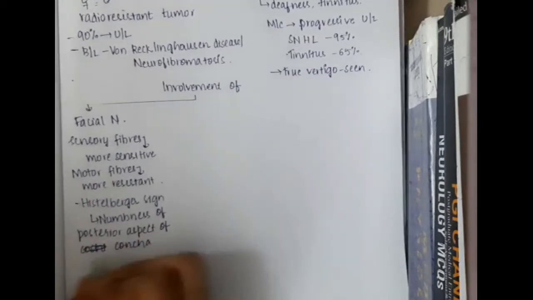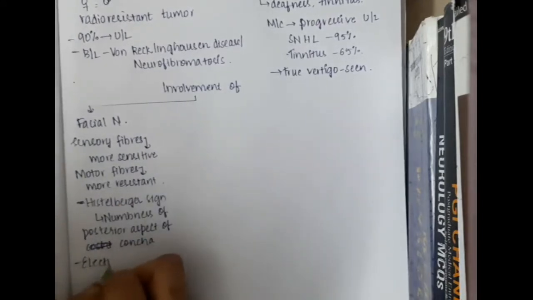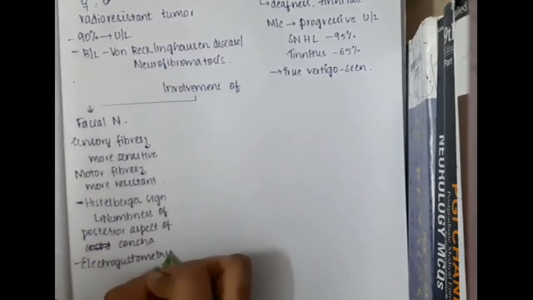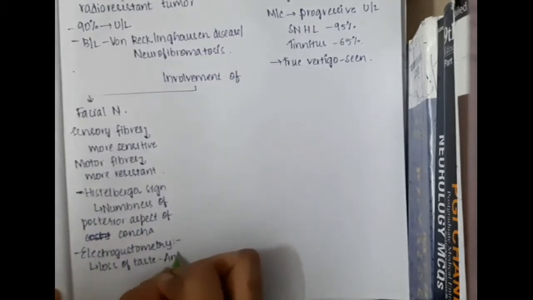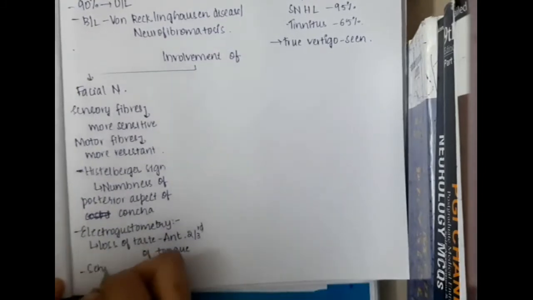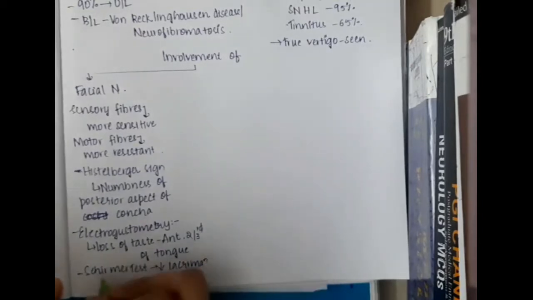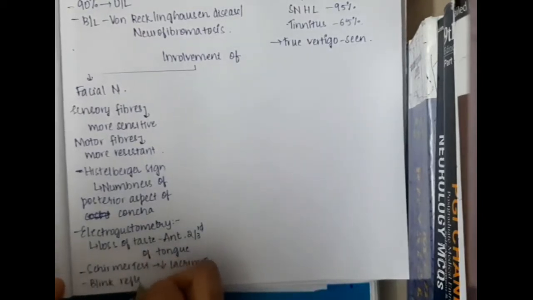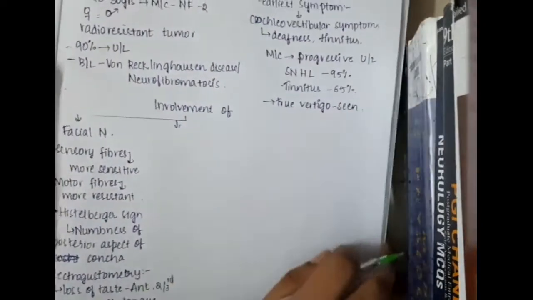It causes numbness over the posterior aspect of the concha. With electrogustometry, there is loss of taste sensation in the anterior two-thirds of the tongue, the Schirmer test shows decreased lacrimation, and the blink reflex is also delayed.